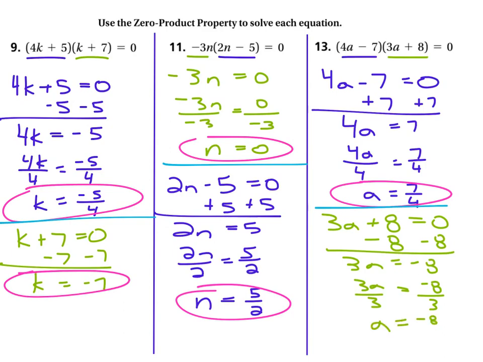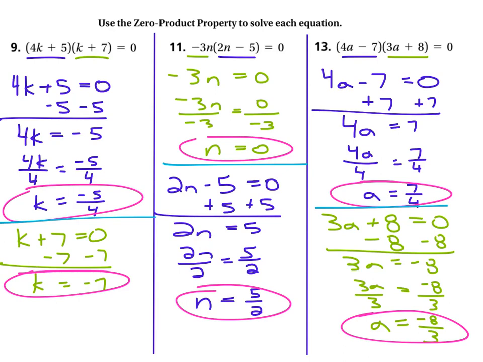And we get a is equal to negative 8 over 3. Again, the two values that would turn this expression to 0 if you replaced a with that particular value.